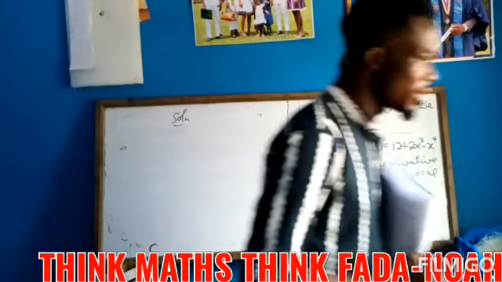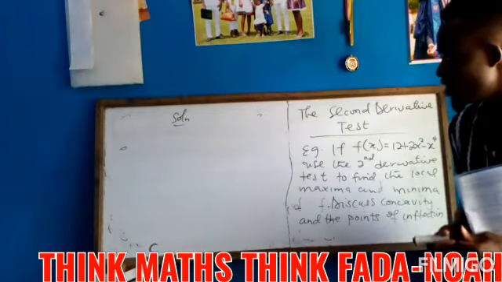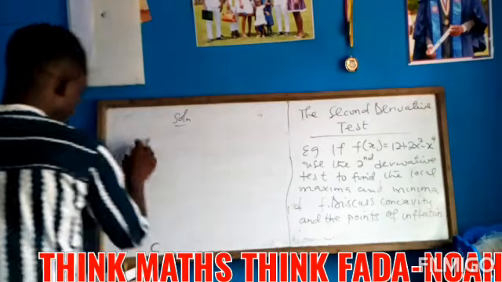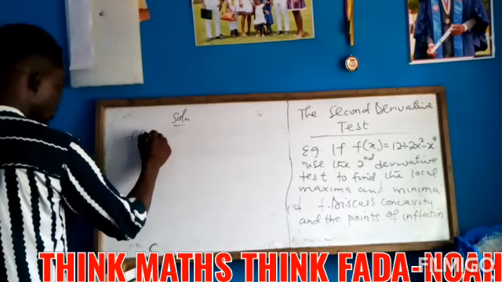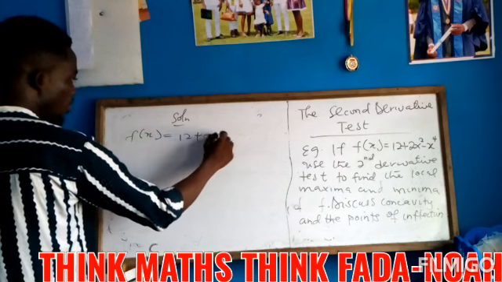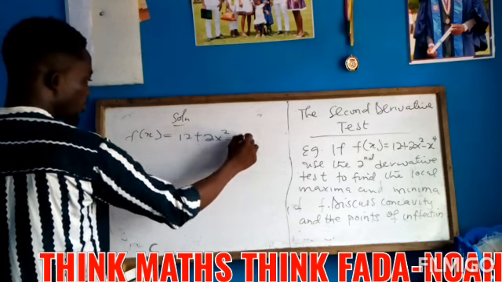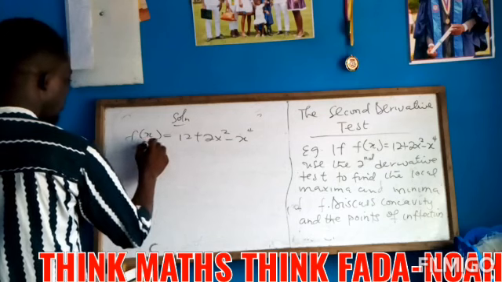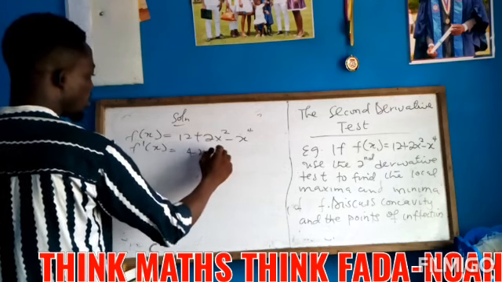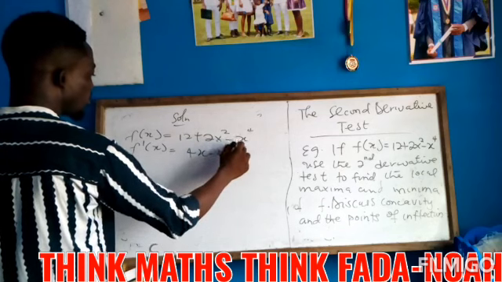In using the second derivative test, we need critical values. So first of all, how do we find the critical values? We are given that f of x equals 12 plus 2x squared minus x to the power 4. So f prime of x is equal to 4x minus 4x cubed.